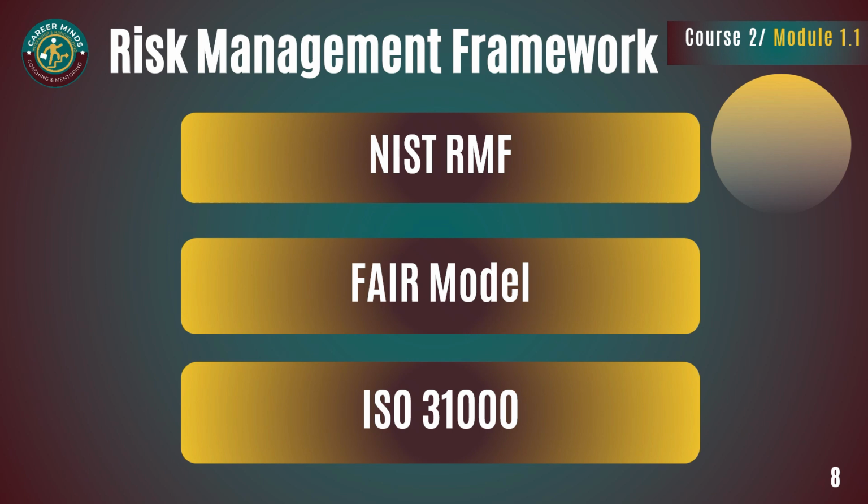This is used heavily in US federal systems and critical infrastructure. Then we have the FAIR model, which is short for Factor Analysis of Information Risk, and it quantifies risk in financial terms. We also have ISO 31000, which is a global standard for enterprise risk management across industries.